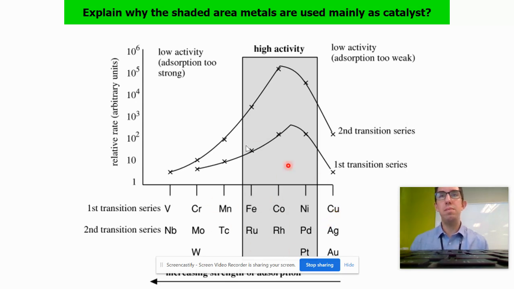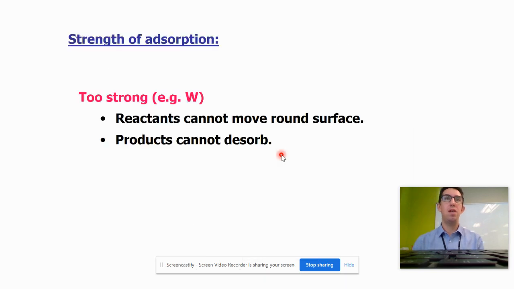It's the ones in the middle which have that perfect area to be good catalysts. And remember, transition metals are also good catalysts generally because they can exist in variable oxidation states. This allows them to form those interactions and have molecules or particles adsorbing onto their surface.